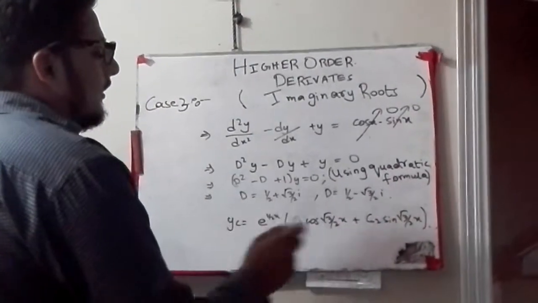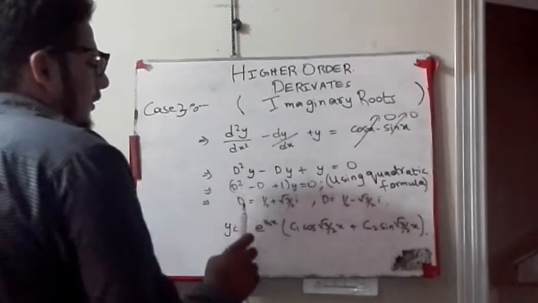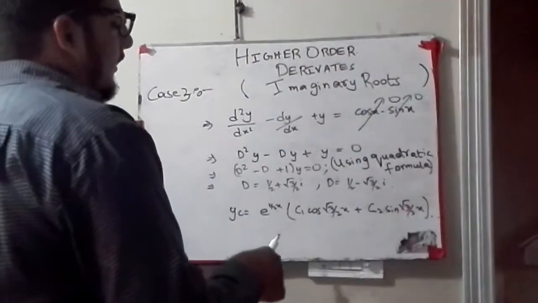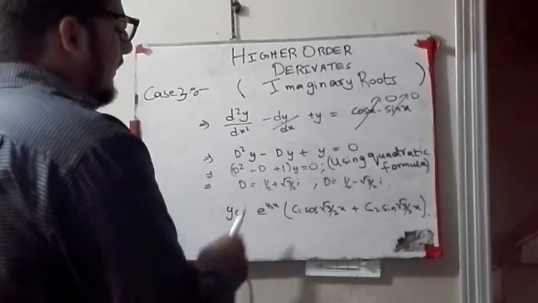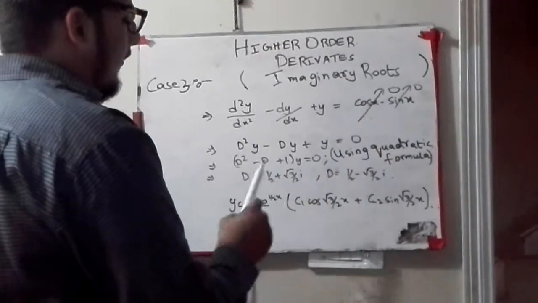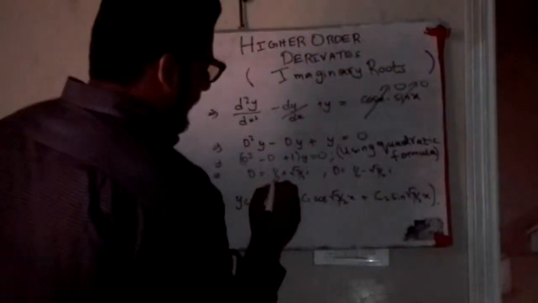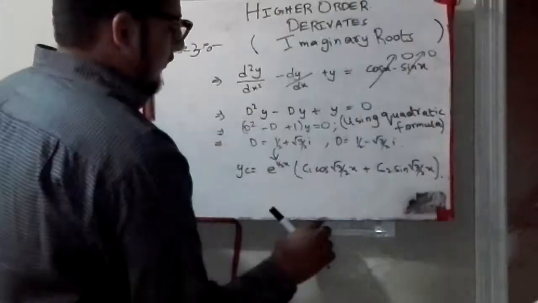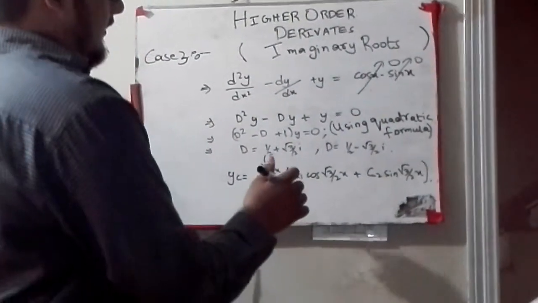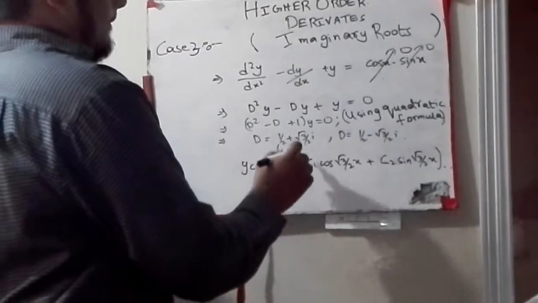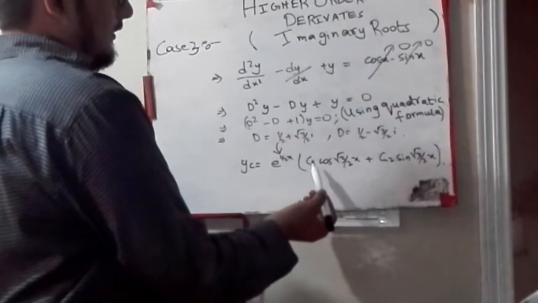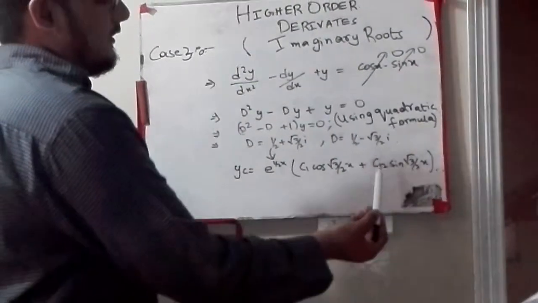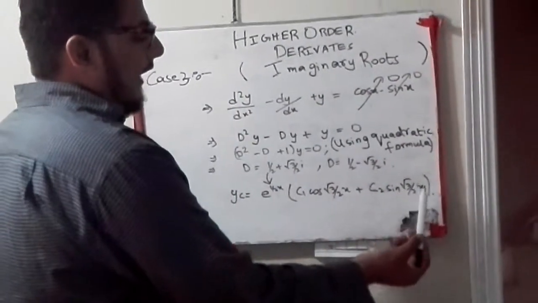As we know that these both roots are conjugate, so for the imaginary roots there is a different formula of yc, that is e to the power half x, half is this, and then bracket open c1 cos root 3 upon 2 x plus c2 sin root 3 upon 2 x.